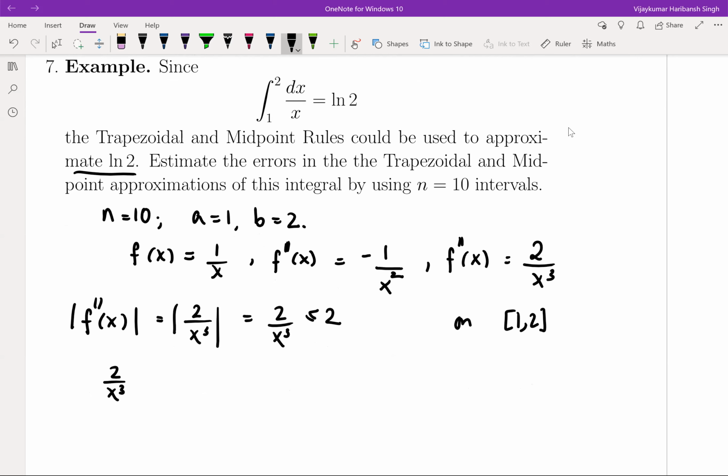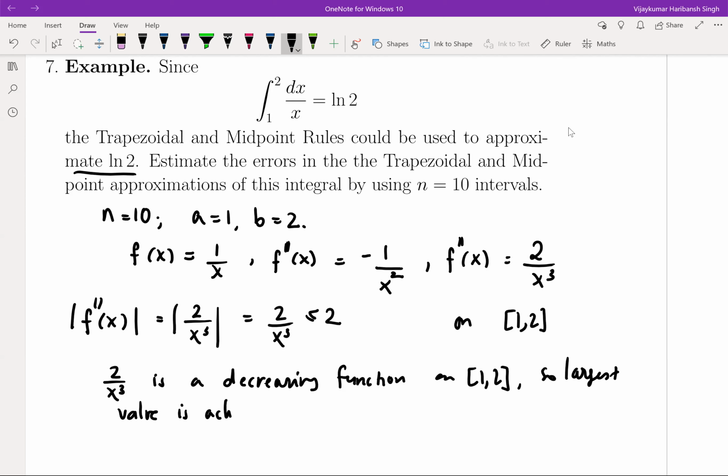Because 2 by x cubed is a decreasing function on 1 to 2. So the largest value will be achieved when x is 1.